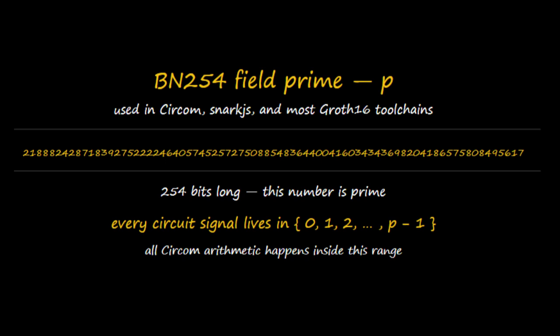Every value in your circuit is a number between 0 and p minus 1. The reason we use a prime for this is exactly what we learned today. Primes have unique mathematical properties that make the arithmetic inside circuits clean, predictable, and secure. In the next video, we will learn exactly what it means to do arithmetic inside a range like this. That is called modular arithmetic.